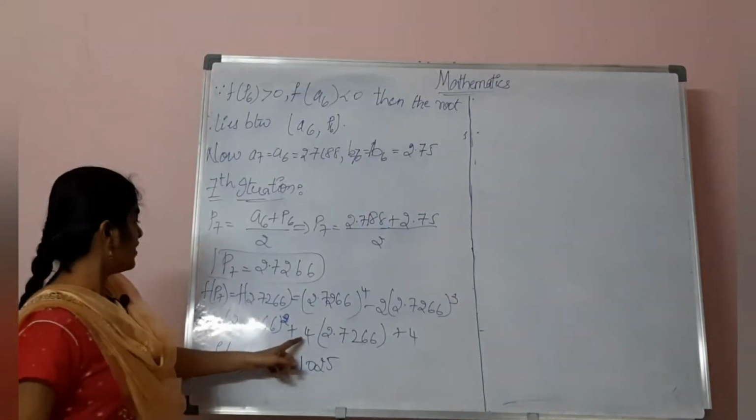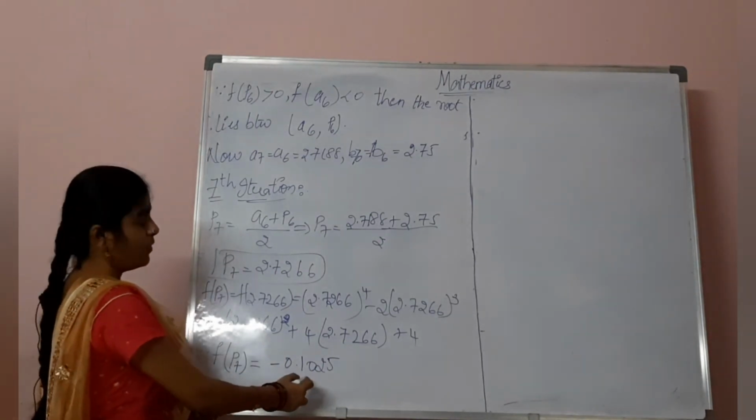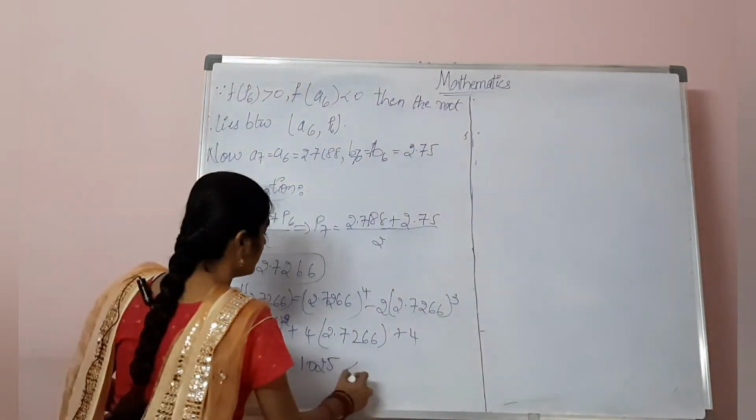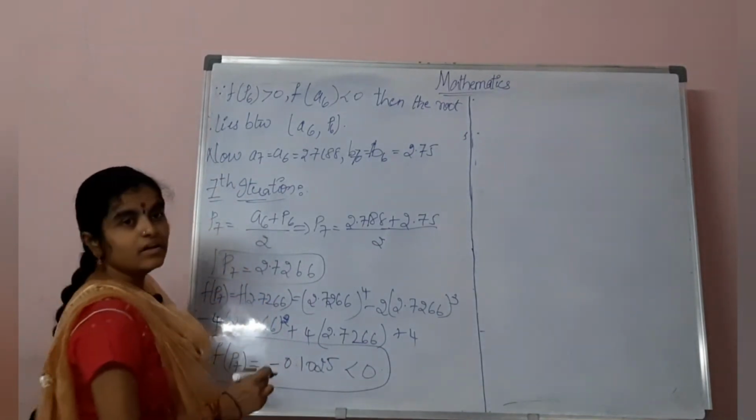After calculating, f of P7 equals minus 0.1025. This is less than 0.